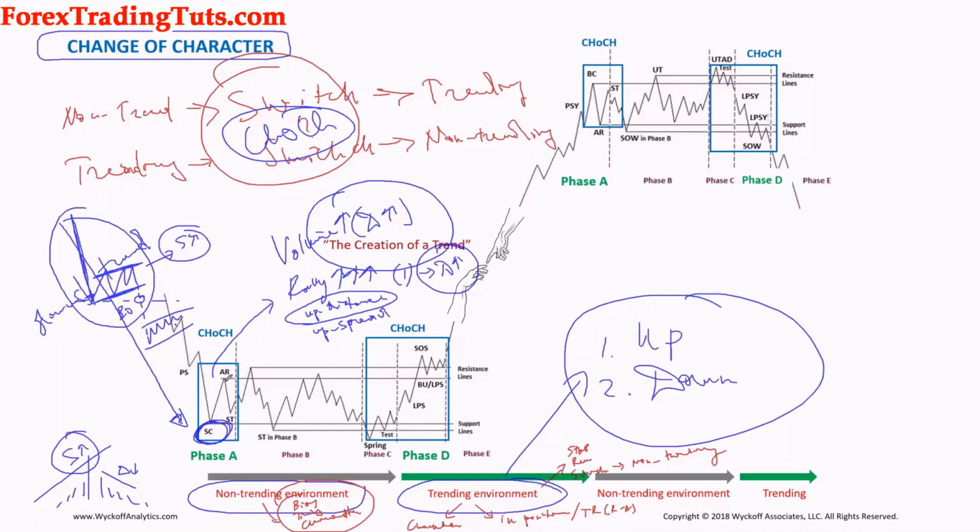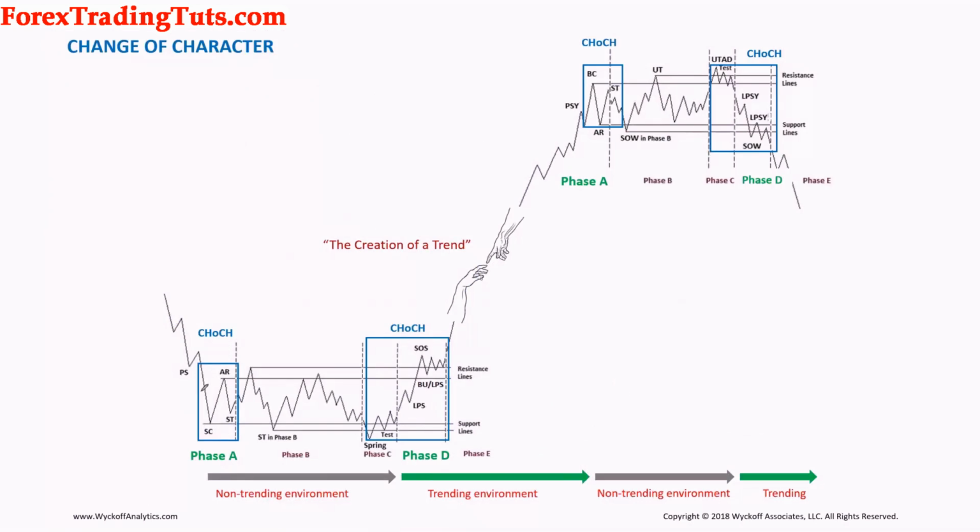And also on the automatic rally, that first change of behavior, we want to see the volume increase and the demand increase as well. So it's in this area after the stopping action that we are going to see the best rally that we have seen in the downtrend.